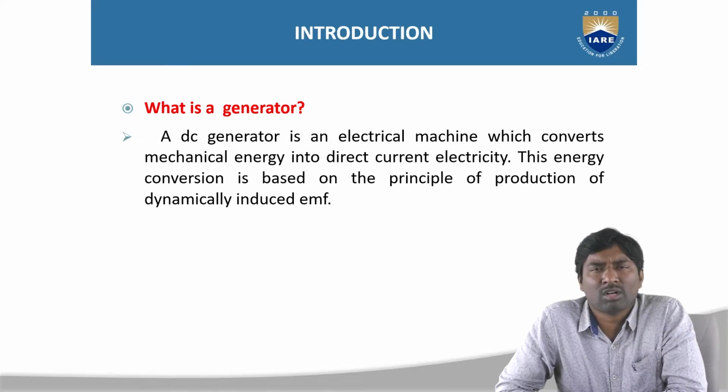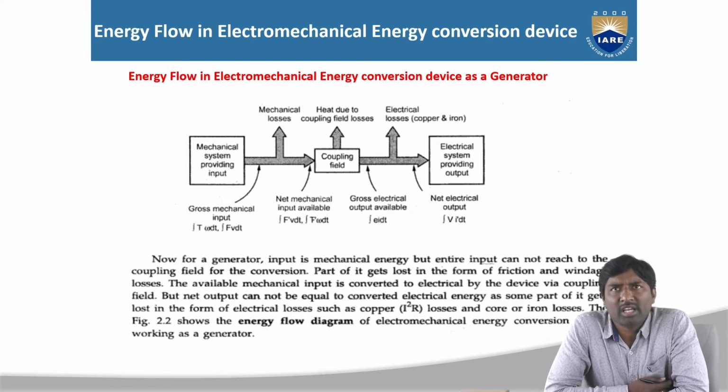Before discussing the principle of production of dynamically induced EMF, we need to discuss the electromechanical energy conversion process. I will discuss that now. Here we discuss the energy flow in an electromechanical energy conversion device as a generator. For example, in the case of the generator, a mechanical system provides the input.